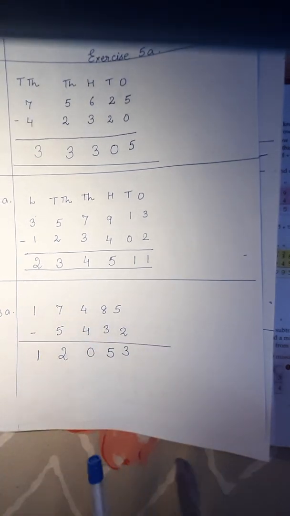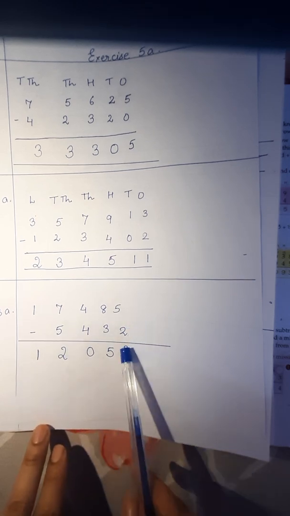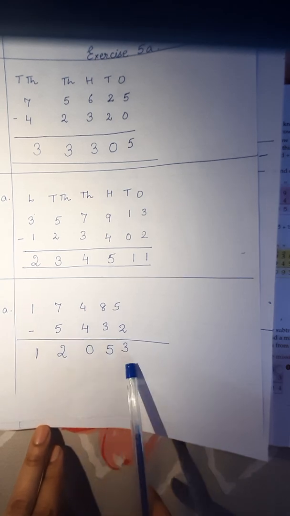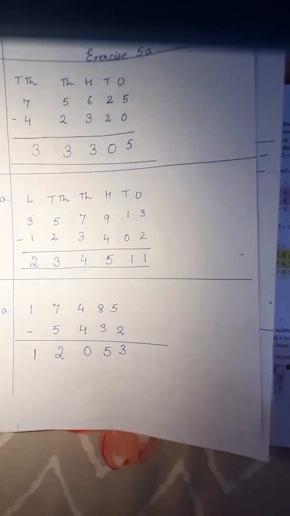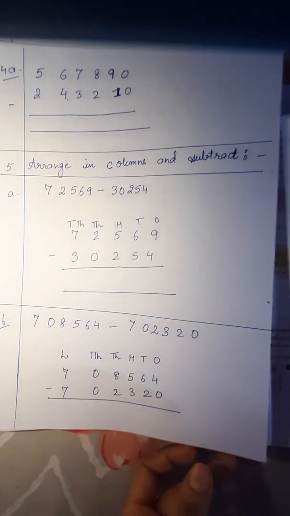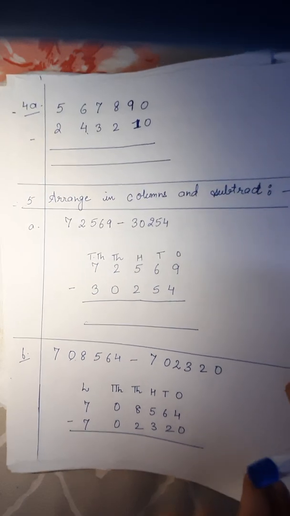So what is your answer? The difference of these two numbers is 12,053. Okay, so let's move to the next question, that is question number 4A.